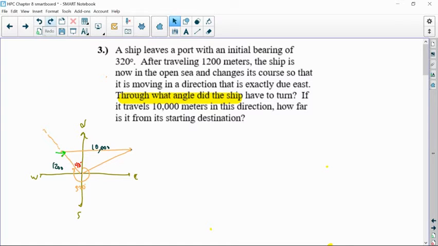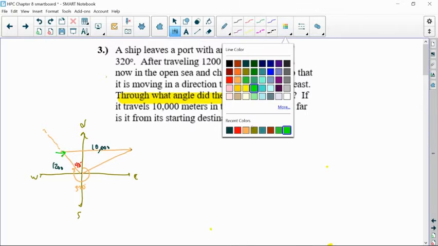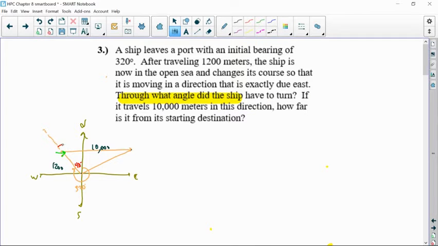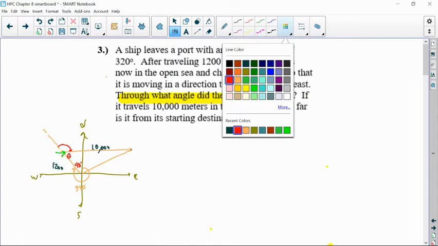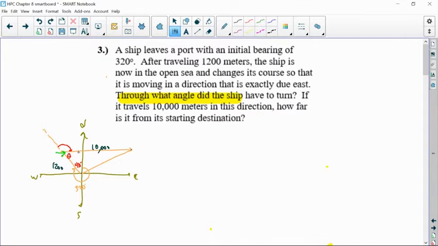So the angle that the question's referring to is actually this angle right here, because that would be the angle that the actual bow of the ship, the front of the ship, would have to turn through. And so that's not part of my triangle, but if I could find this part of the triangle, then I would know to take its supplement. And that part's really easy to find, because I went due east. Going due east means I've created a right angle right there.